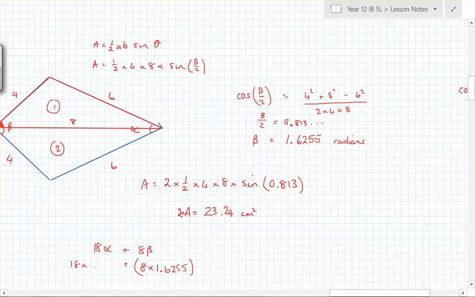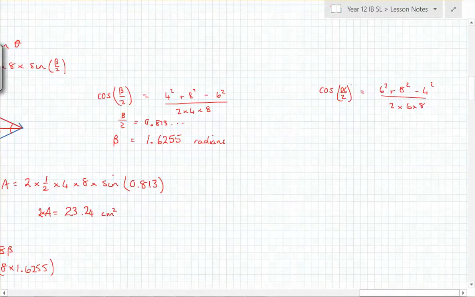But what have I got to do? Work out alpha. How am I going to work out alpha? Cosine rule, same thing again, but with alpha as the subject. You work out that alpha over 2 is 0.50536, I think. Therefore alpha is 1.0107, all rounding, of course.